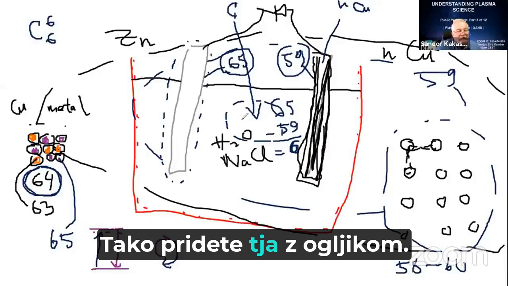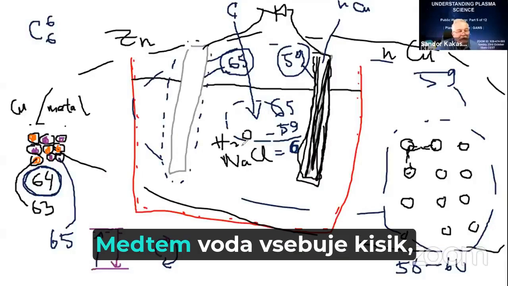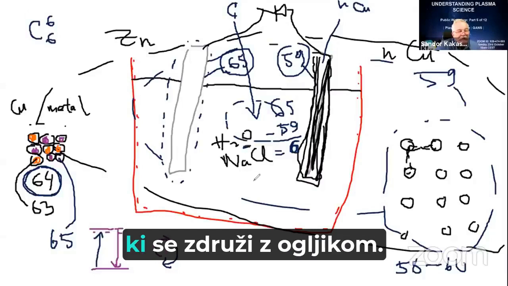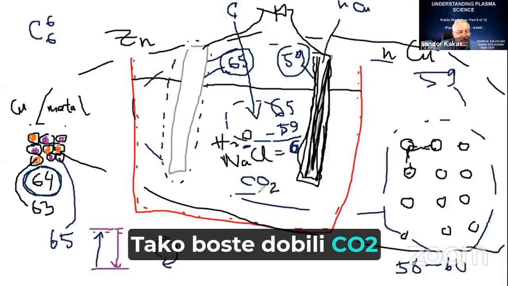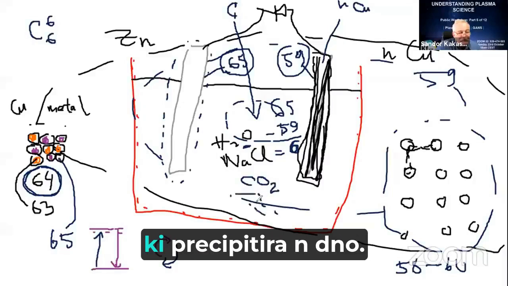So you'll get there that carbon. Meanwhile, the water contains oxygen here, and that oxygen will combine with the carbon, and so you will get CO2 in the form of gas, which goes down.